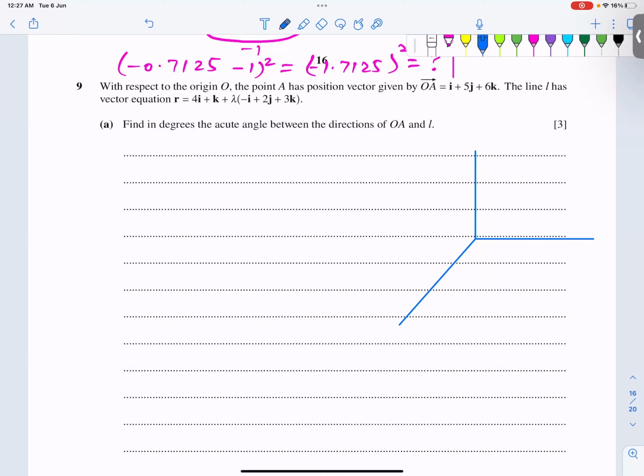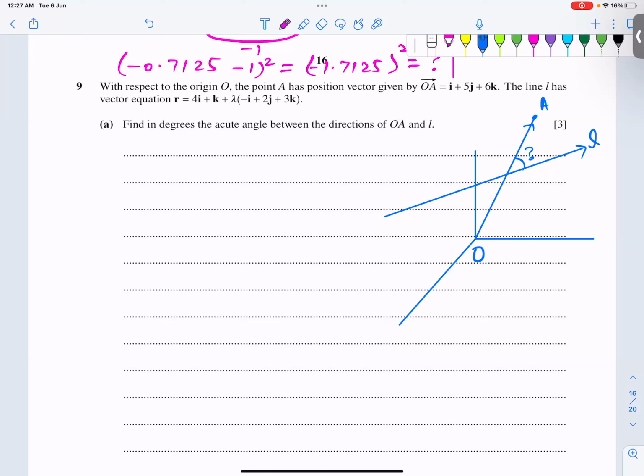Now draw a line L. This is your line L, and let's suppose here you have the vector A. This will become OA, and this is your origin. Now you need this angle. One of them is a vector and the other one is a line, and you cannot find an angle between a vector and a line directly.